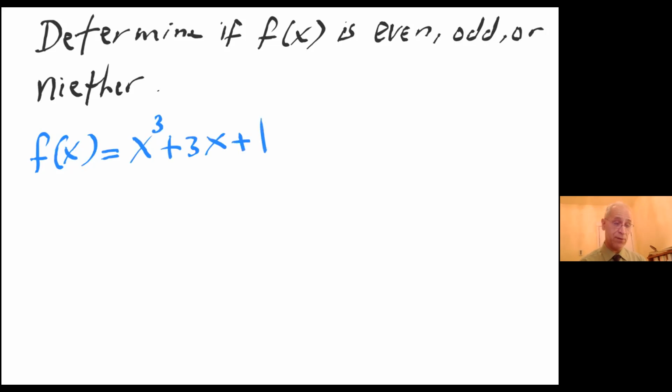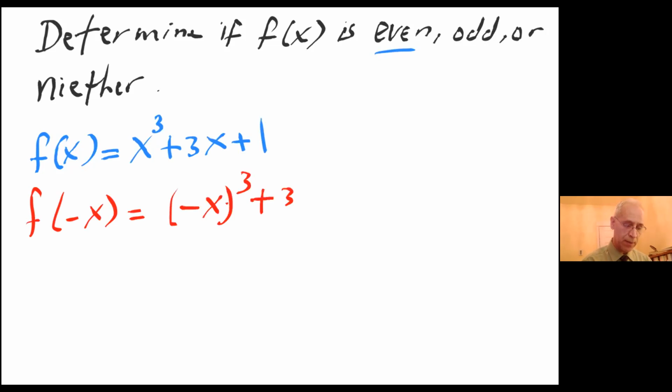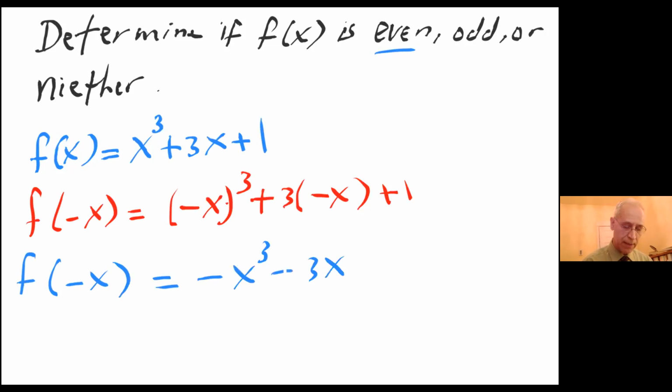Well, let's see if it's even. So I have f of minus x equals minus x cubed plus 3 times minus x plus 1, and f of minus x gives me minus x cubed minus 3x plus 1.